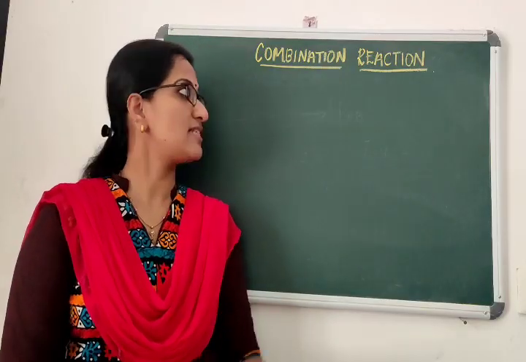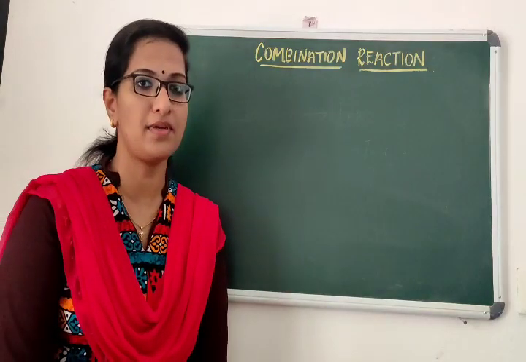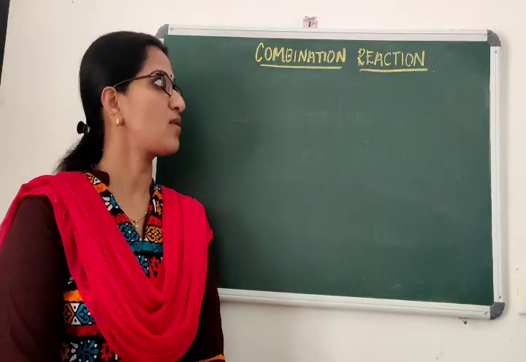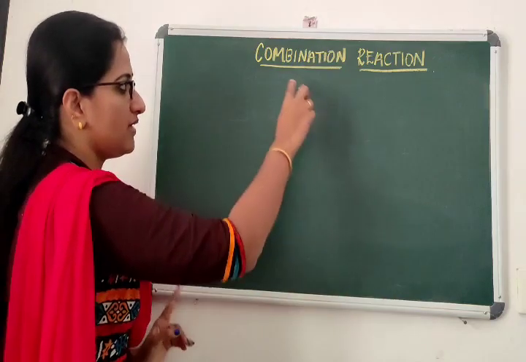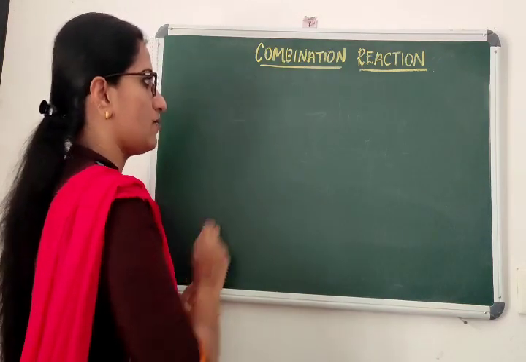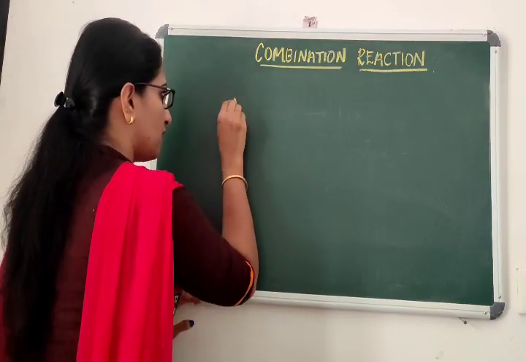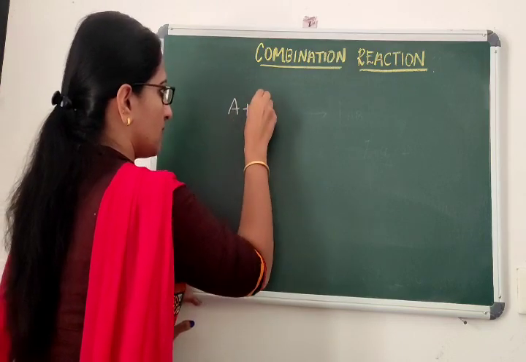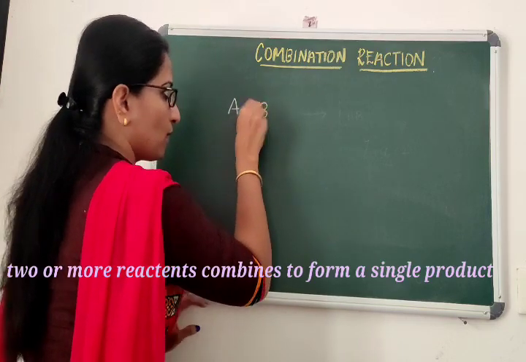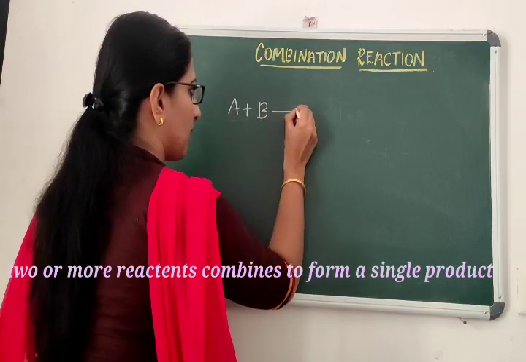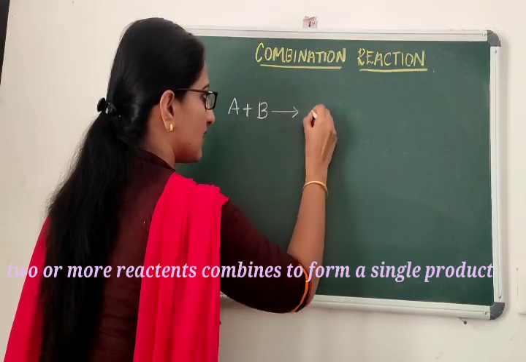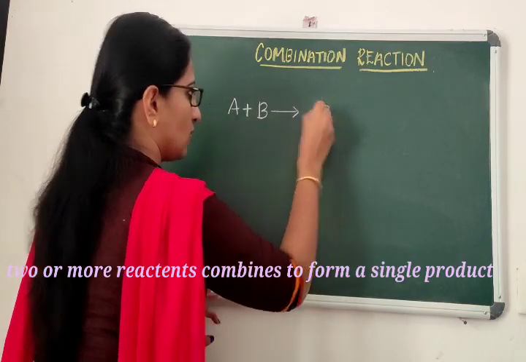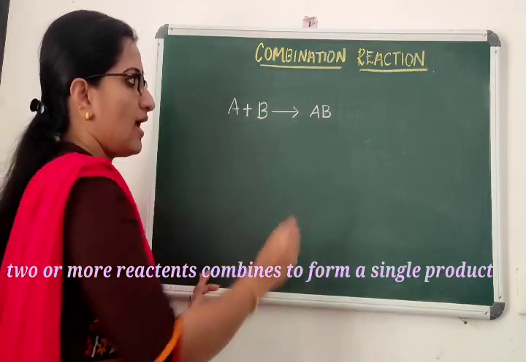Let's discuss the first type of reaction, that is combination reaction. So what is combination reaction? A combination reaction is a type of reaction in which 2 or more reactants combine to form a single product. So A plus B gives AB.